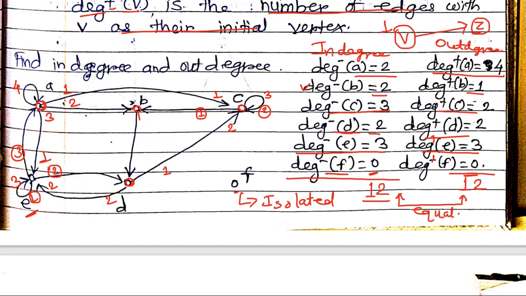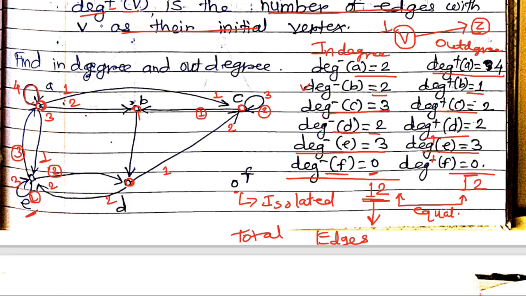Now one more point: this 12 is equal to the total number of edges in the graph. So this graph will have 12 edges. Now we will calculate how many edges there are in this graph. So calculate the edges.